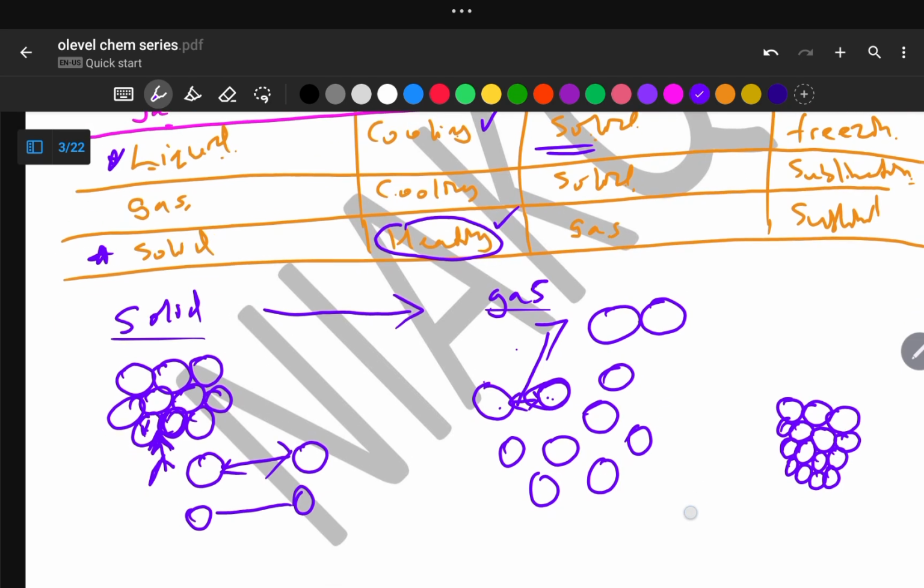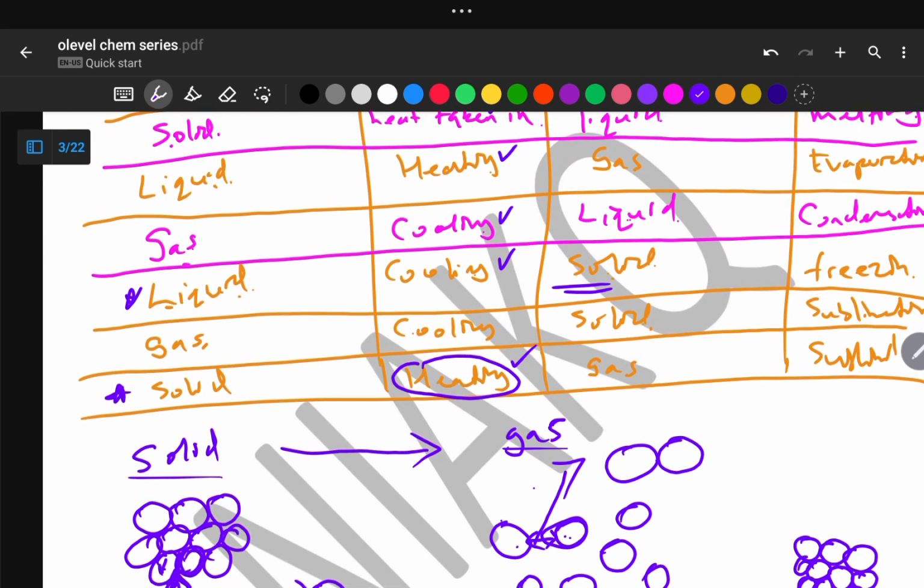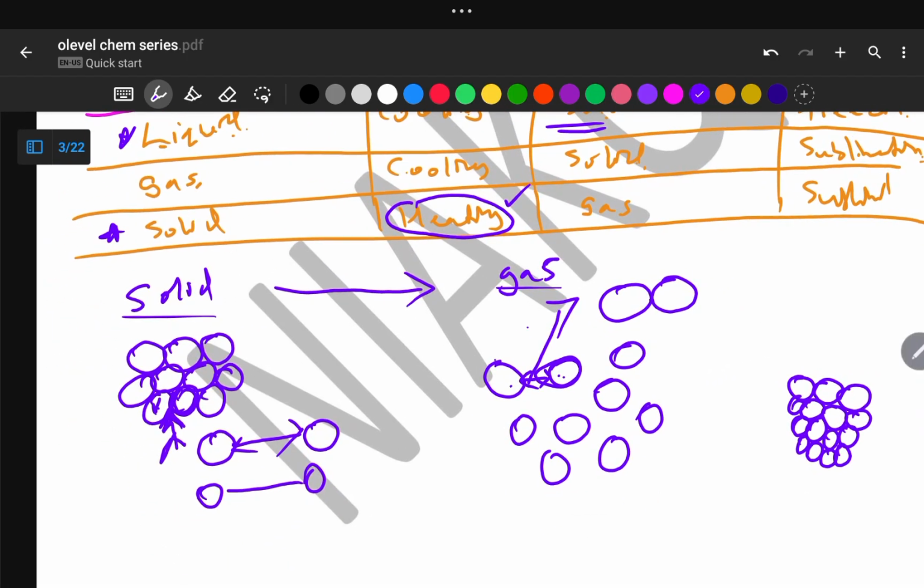So this is what you need to know from this table, explaining it using the kinetic theory of matter, that increase in temperature will result in increase in kinetic energy, and then decrease in temperature by cooling will result in decrease in kinetic energy, right? So this is what you need to know for this cooling curve.